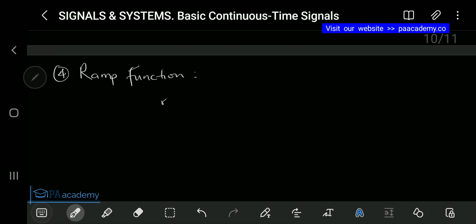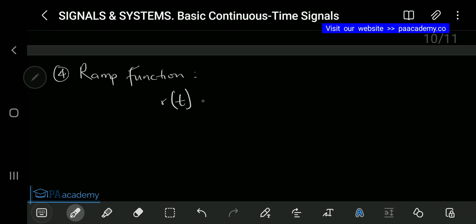Some of these notations can also let you know what kind of function it is. Once you see r of t, you should know that it is a ramp function. If you see u of t, you know that this is a unit step function. And if you see the delta, you know that that's a Dirac. So sometimes this can also help you to know what kind of signal you're dealing with.